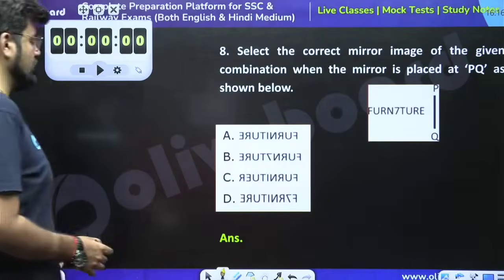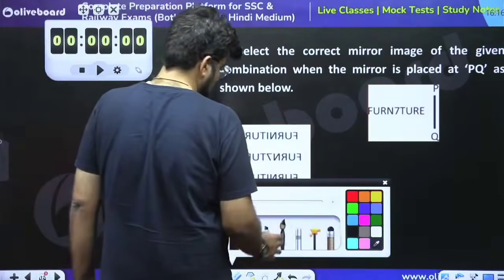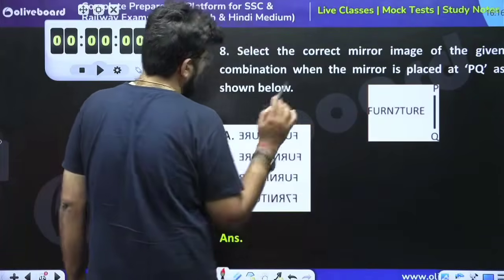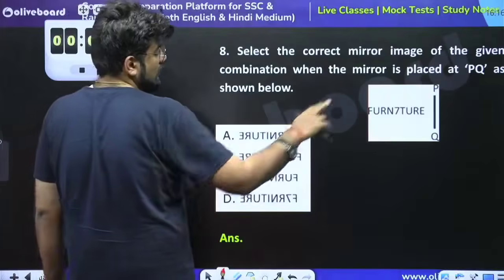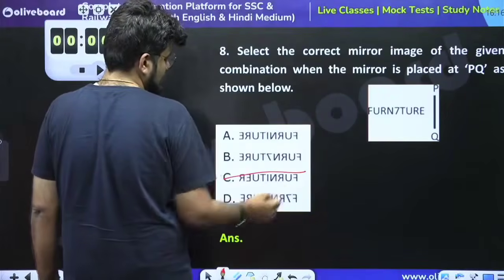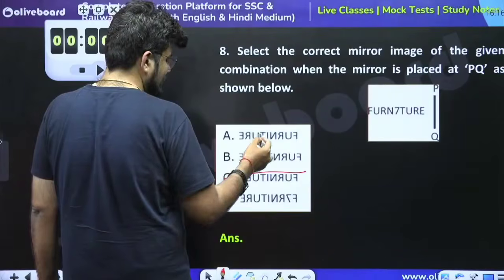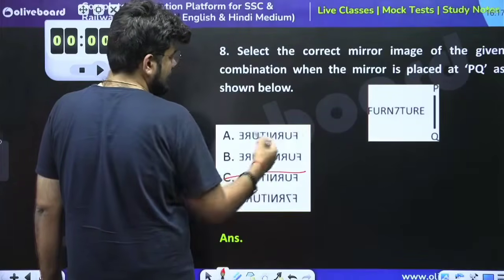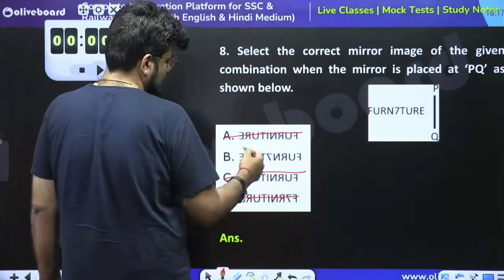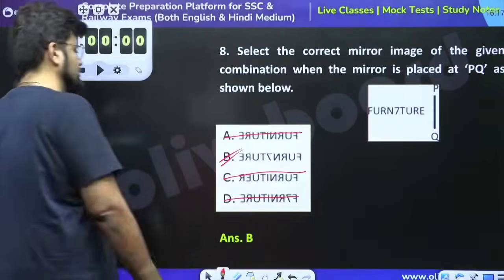Some of these are from previous year questions. I know you're finding the levels very easy, but that's how the questions are asked in SSC. So E is flipped here. Now, if you look, E R U T, Fermi 7 is there. So I is not there. Option B is the right answer.